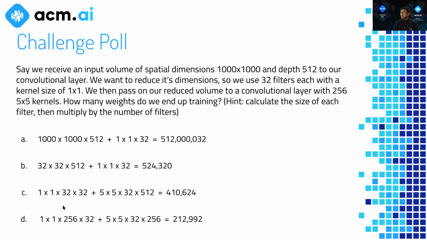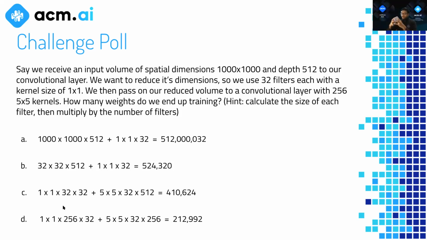So I was a little bit wonky, but to continue, just to go over this calculation, since you have kernels of 1 by 1 and your depth needs to be the same as your input volume depth, which is 512, now we know the dimensions of our filter, which is 1 by 1 by 512, and we have 32 of those filters.